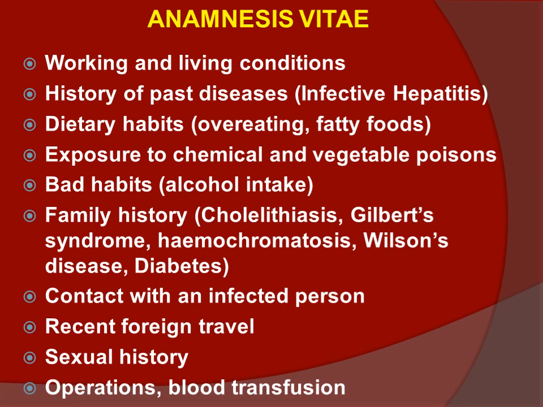The first is working and living conditions, history of past diseases such as infective hepatitis, dietary habits, for example overeating and fatty foods, exposure to chemicals and vegetable poisoning, for example poisoning with mushrooms, which contain strong hepatotropic poisons, bad habits, for example alcohol intake, family history, cholelithiasis, Gilbert syndrome, hemochromatosis and Wilson disease, diabetes, contact with an infected person, recent foreign travels, sexual history, operations, and blood transfusions.